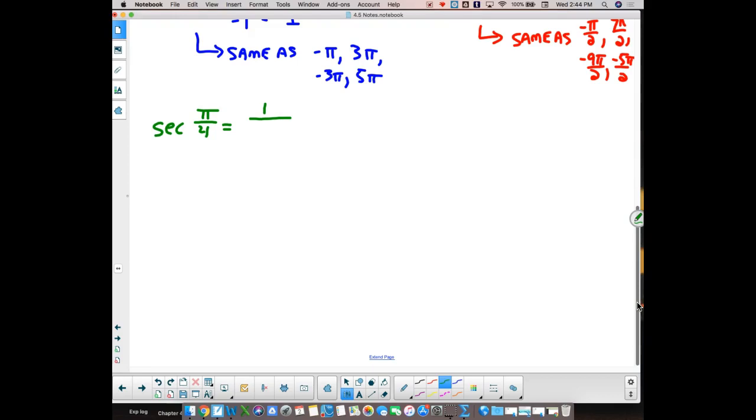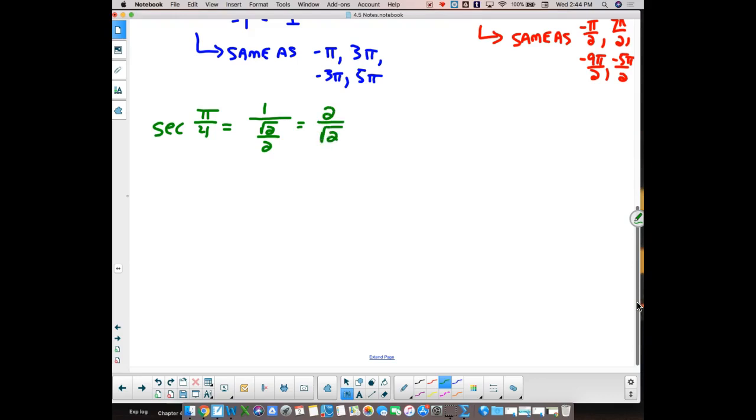One over what? What's the cosine at pi over 4? Square root of 2 over 2. Dividing by a fraction, I do what with the fraction? Flip it and multiply it, right? When I flip it and multiply it, I'm multiplying by 1, so I just need to flip that bottom one.